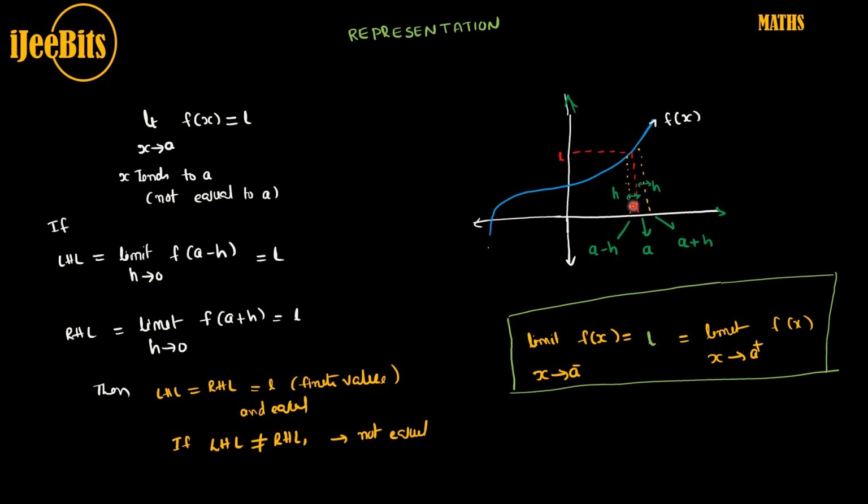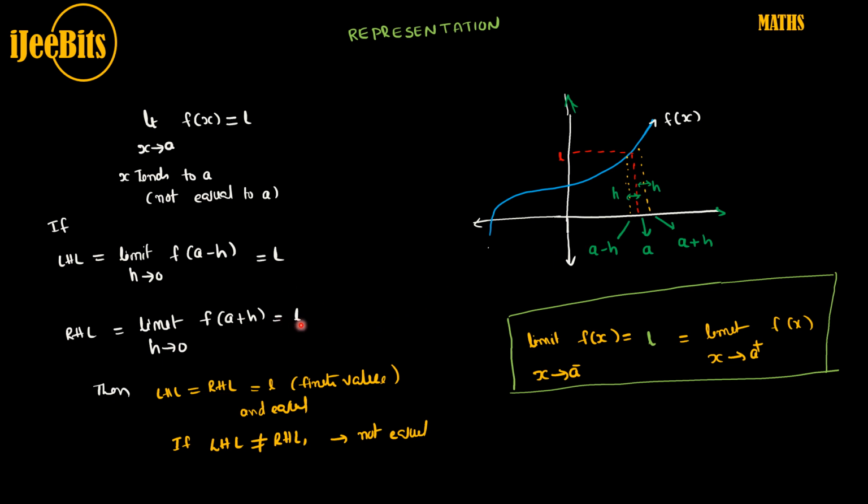So you take a little step, minus h, plus h, an interval, right? If you look at the LHL, f of a minus h, when h tends to 0 towards a, if the value is L, some value. Similarly, for the RHL, f of a plus h, where h tends to 0 towards a.